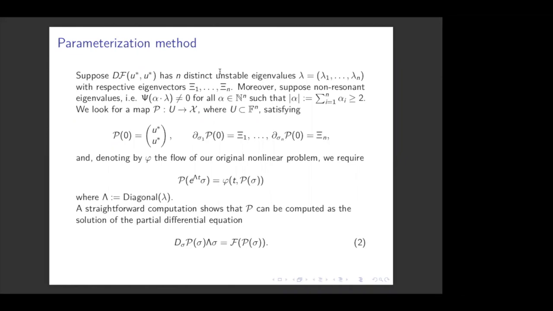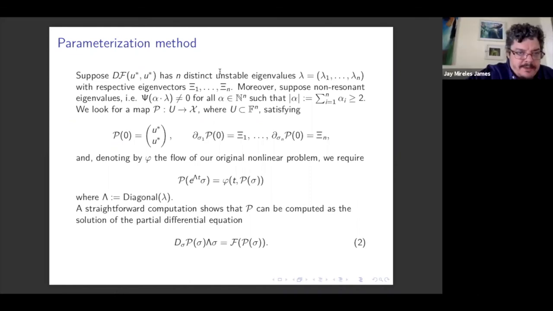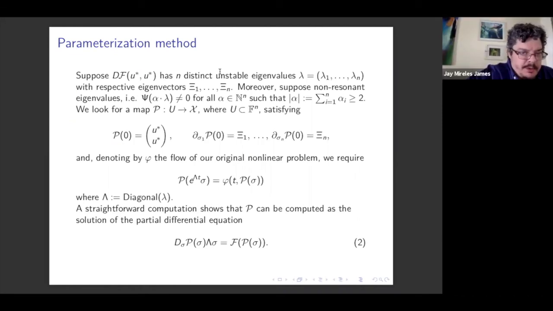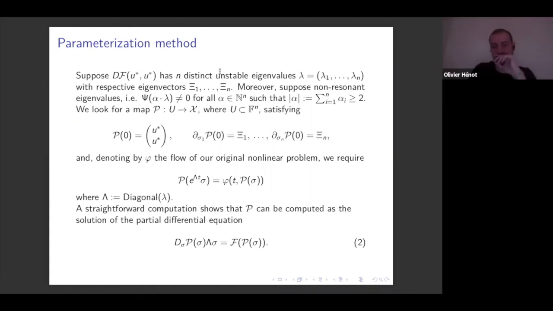Okay, so the eigenspace associated to that is always dimension 1. Okay, I see. Well then a part of what Michael was saying was not applicable. No, we can have multiple eigenvalues. They just have to be distinct. We can have many dimensions, lots of unstable eigenvalues, but they should be non-resonant. And they should be distinct, for example.